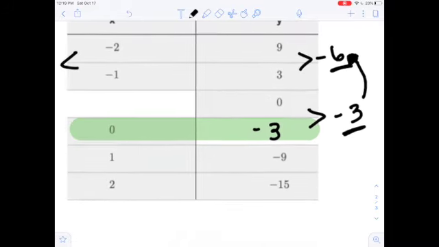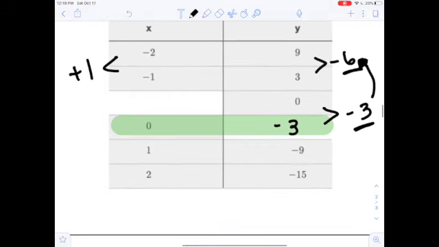It's half the distance. So I wonder, if I'm trying to find this value here, then instead of going the whole distance, which is plus 1, I'm going to go half the distance. So I'm going to add a half, right?